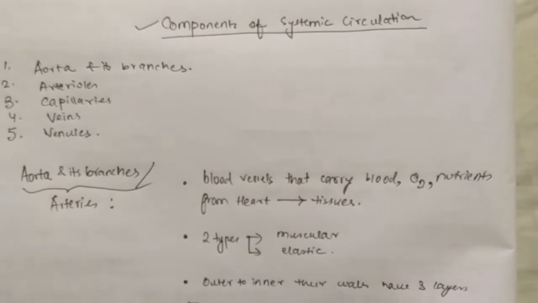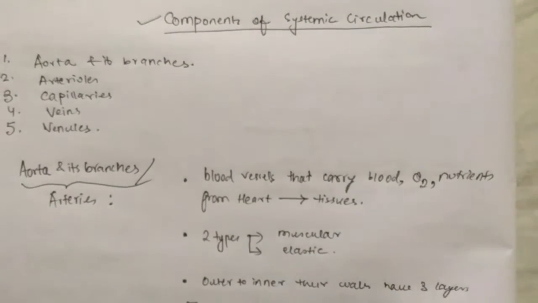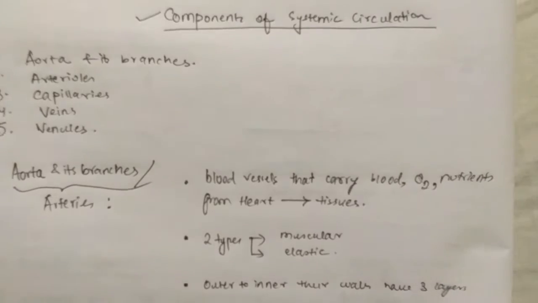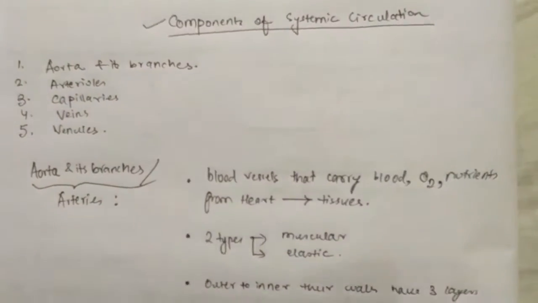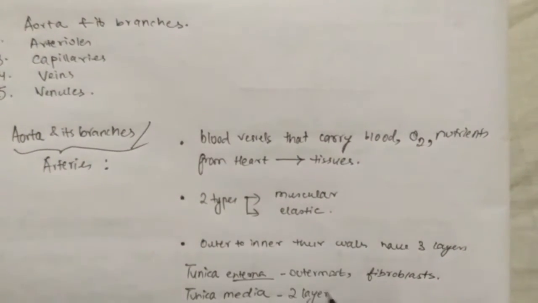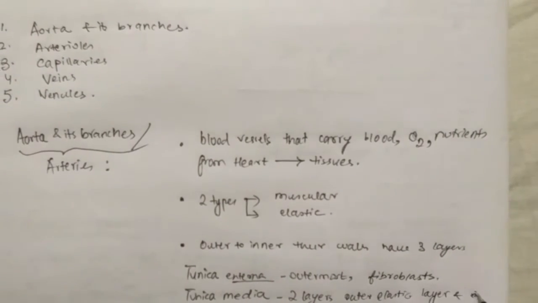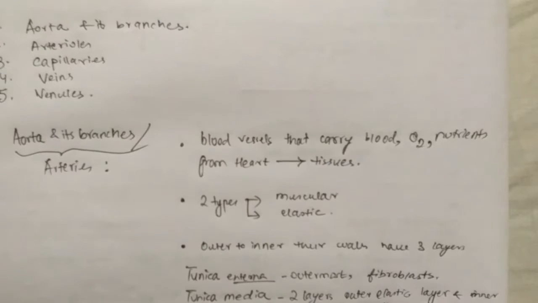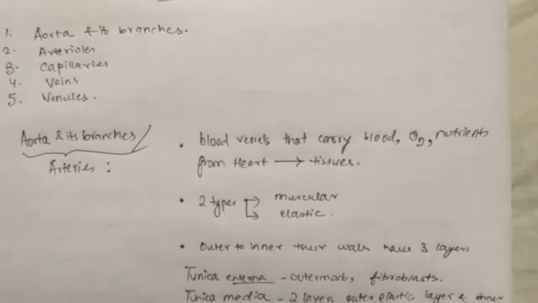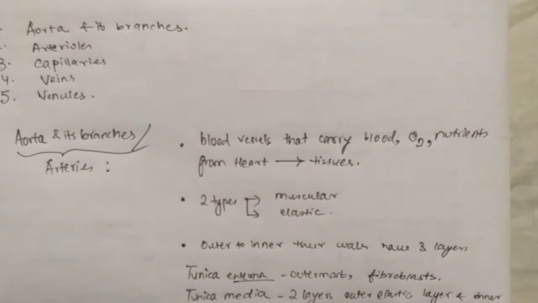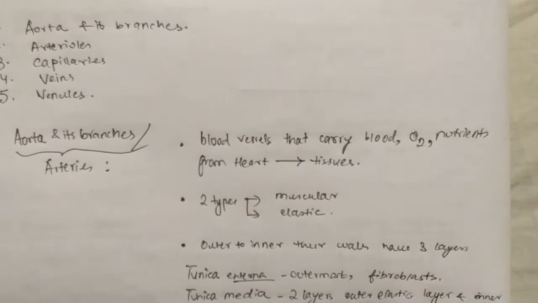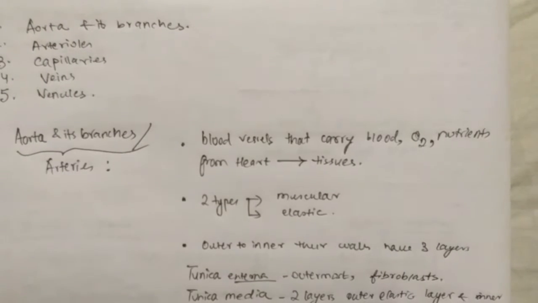Tunica externa is the outermost layer and it is composed of fibroblasts. Tunica media is the middle layer and this consists of 2 layers again: outer elastic layer and inner smooth muscular layer. And lastly, the tunica intima, which is the innermost layer, innervated by sympathetic nerves.